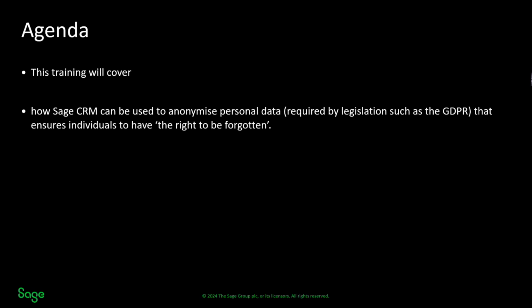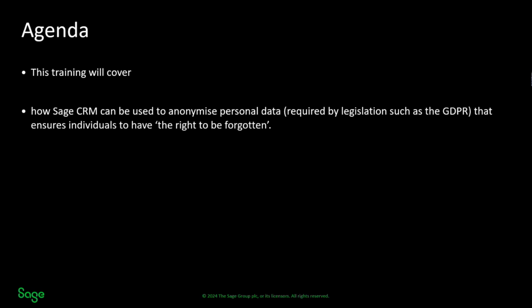And this is the type of management of data that has to satisfy legislation such as the GDPR, so that individuals, data subjects in the language of GDPR, have the right to be forgotten. So they have a right to have their data go.